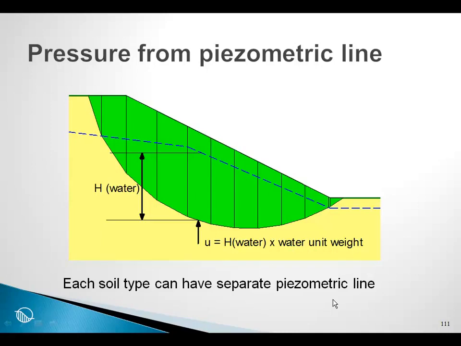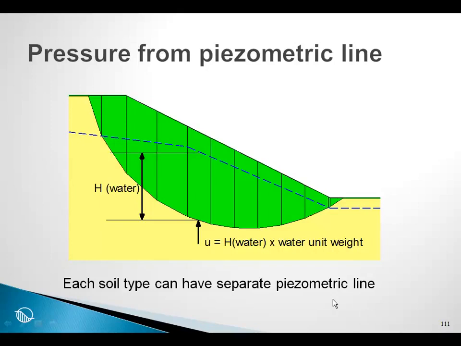There are several features about the piezometric line worth highlighting. Number one is that each soil type can have its own piezometric line. This means that there can be many different piezometric lines. For example, if you had three different soil types, each soil type could have its own piezometric line. This is not done often, but the feature is there for special cases.